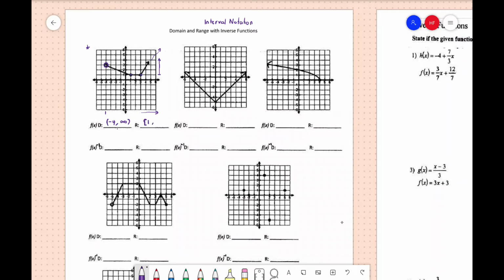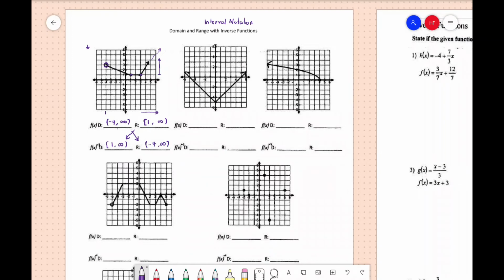So I'm going to have a bracket, and it goes on to infinity. We said that when we're finding the domain and range for the inverse, they're going to switch. So my domain becomes 1 to infinity, and my range becomes -4 to infinity.